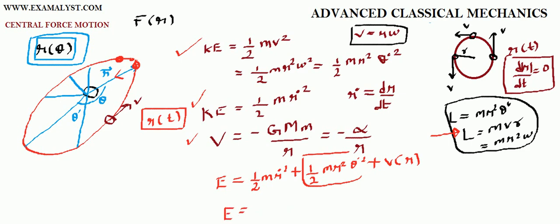The final expression for my total energy is the radial kinetic energy, which is half m r dot square, plus then we have the energy because of the linear velocity, but that can be written in terms of angular momentum. So this term will be written as L square by 2 m r square.